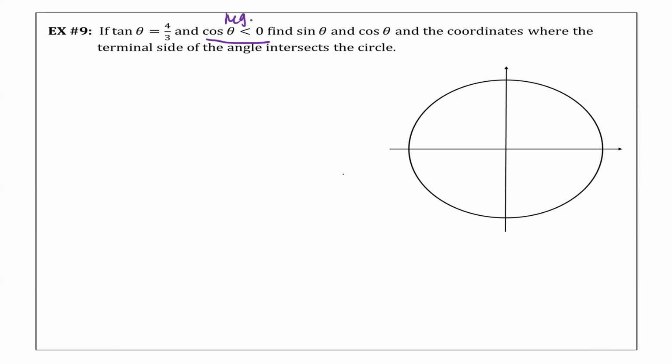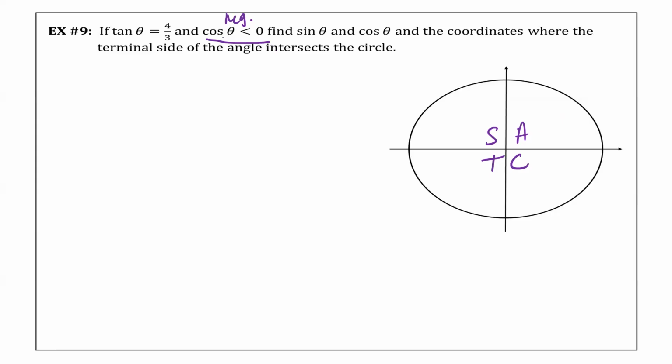Does that make sense? As we talked before, all are positive in quadrant 1, only sine and its reciprocal are positive in quadrant 2, only tangent and its reciprocal are positive in quadrant 3, and only cosine and its reciprocal are positive in quadrant 4, correct? All, sine only, tan only, cosine.